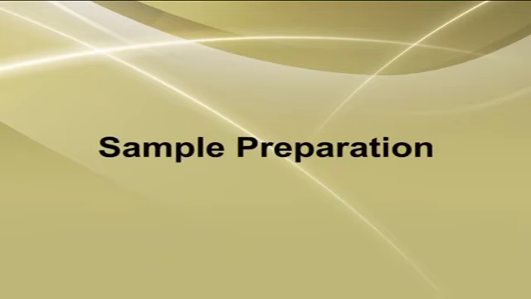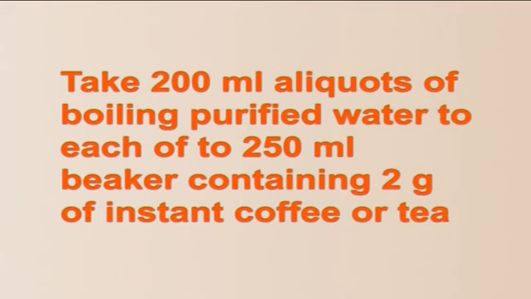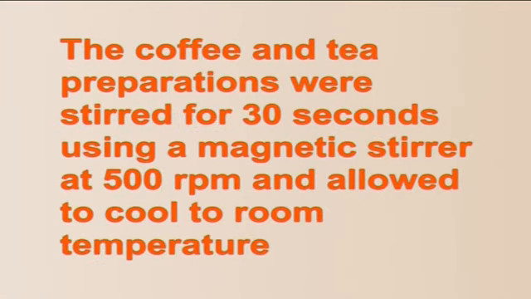Sample preparation. Add 200 ml of boiling purified water to each 250 ml beaker containing 2 grams of instant coffee or tea. The coffee and tea preparations were stirred for 30 seconds using a magnetic stirrer at 500 rpm and allowed to cool to room temperature. The soft drink samples were used as supplied by the manufacturer.